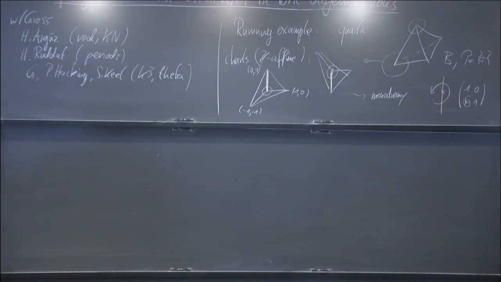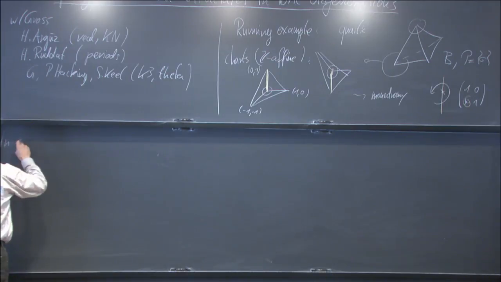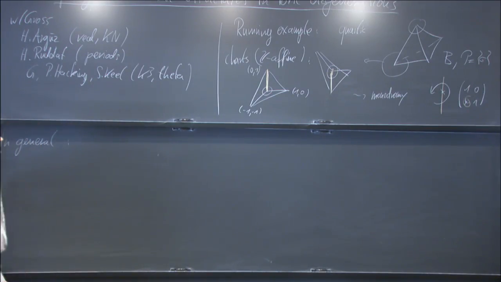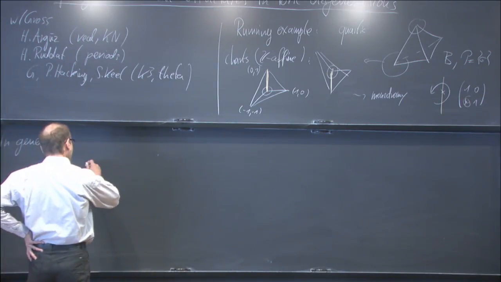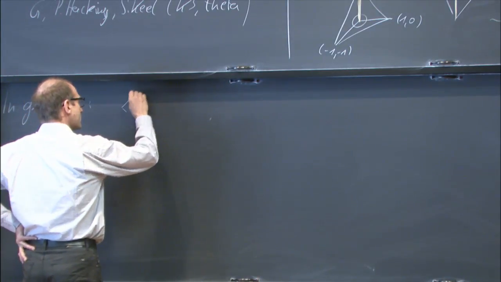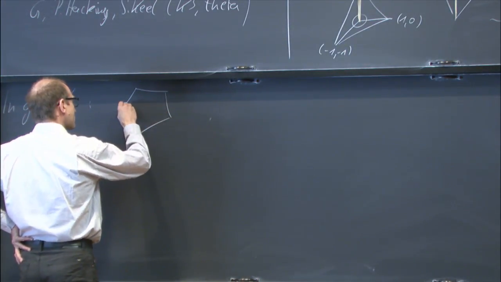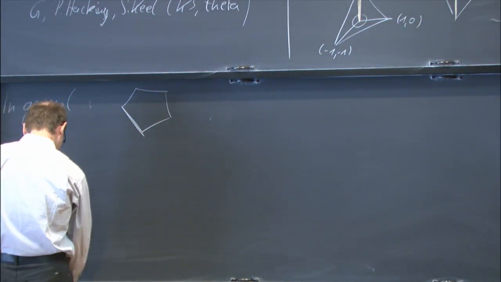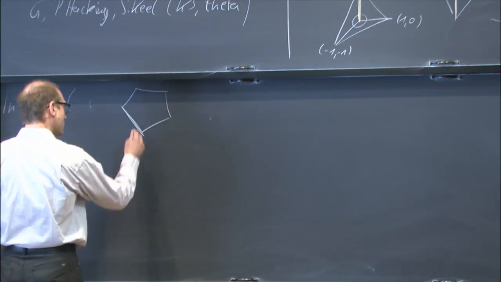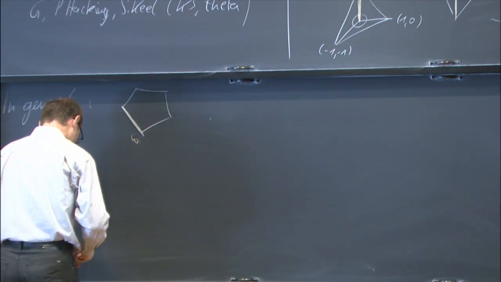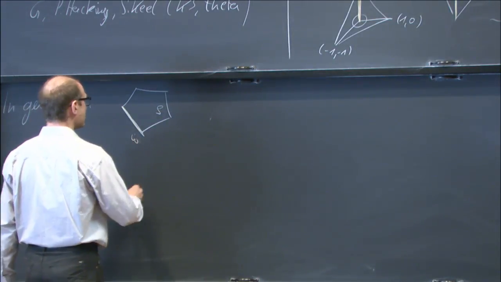I mean, what is the picture in general? I should maybe give you some idea of what's going on in general, because this may be a little too easy. In general, you would have a monodromy. So what is a monodromy? Don't get too scared with all the notation in our papers. By and large, it's just this thing here. You would have an edge, omega, and it sits in some codimension 1 thing, rho.